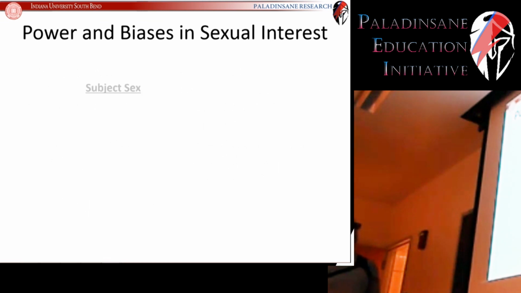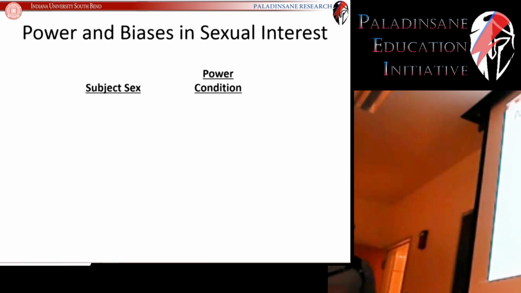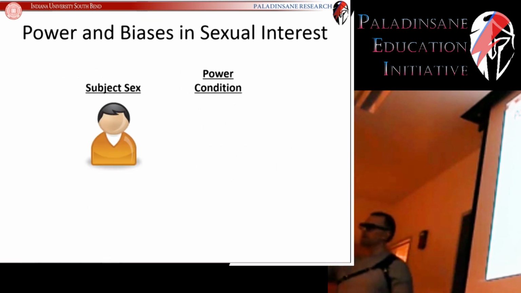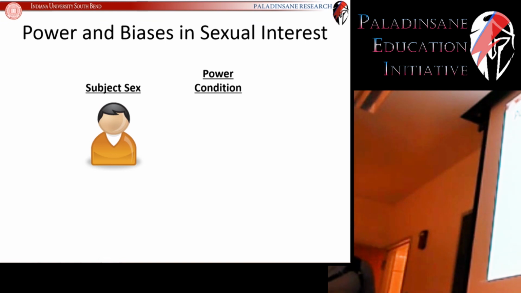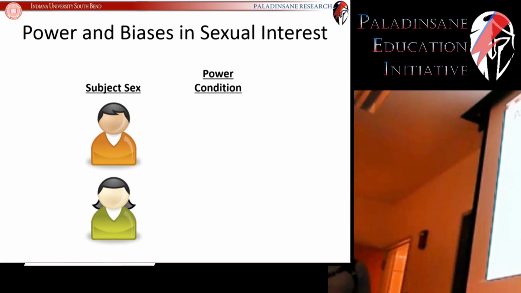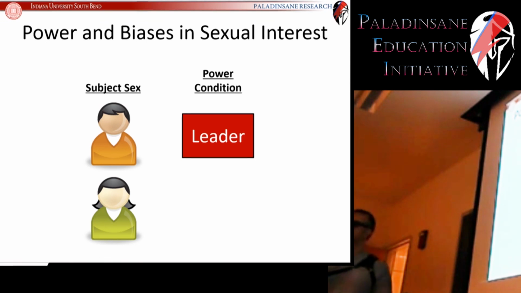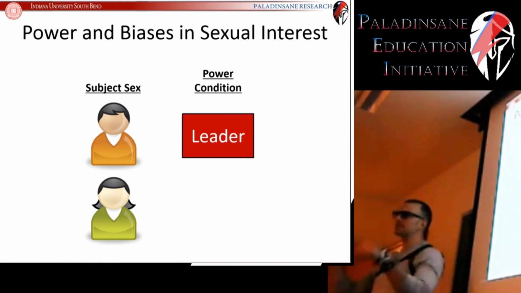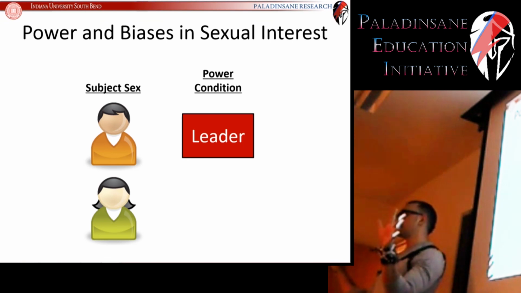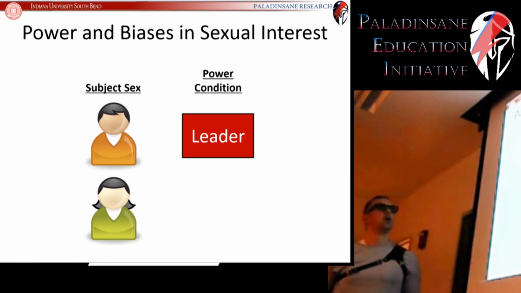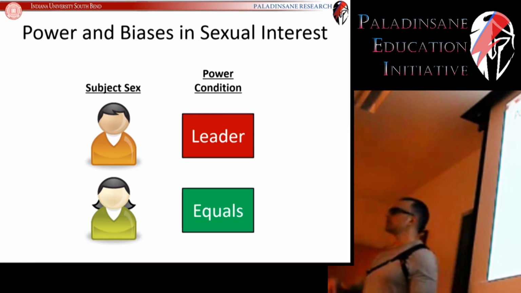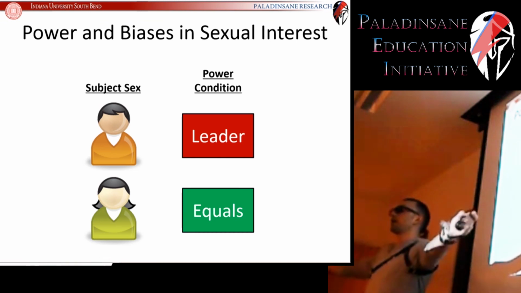So we take a look at the breakdown. We have subject sex and we have subject power condition. So we had males that were watching a female partner on a videotape. We had females that were watching a male partner on a videotape. And the males were told that they were either a leader, in which case they decided how the points got split up, or they were told that they were equals, so that they both got equal points.